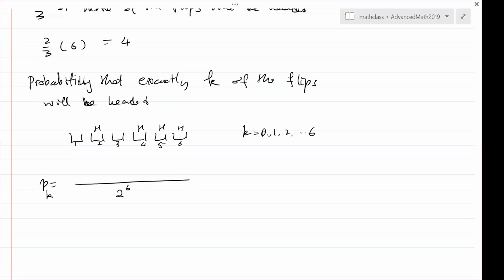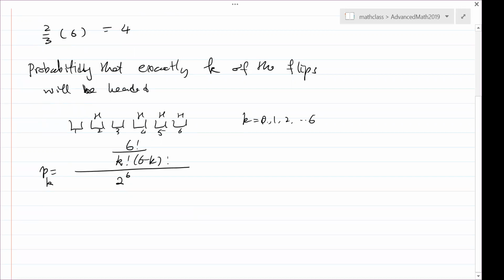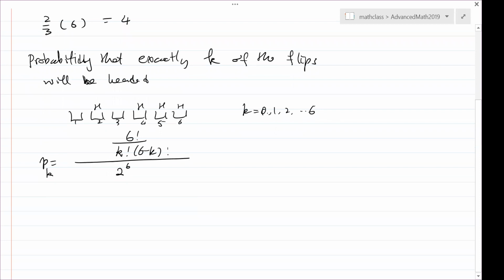So you call those 4 people and put the H over there. You just need to select K members from a group of 6. If we can figure out the numerator, then we solve the problem.